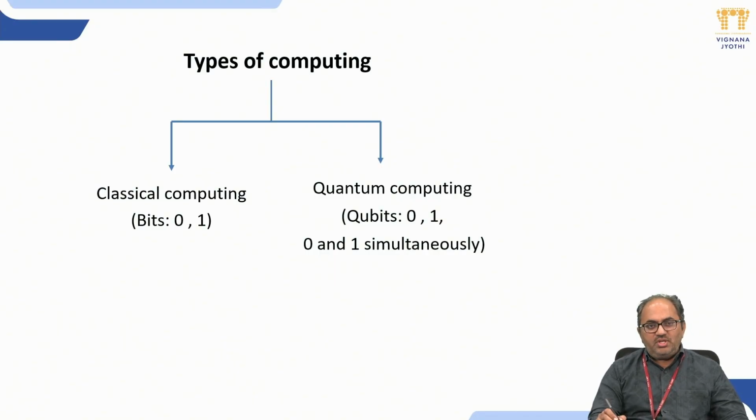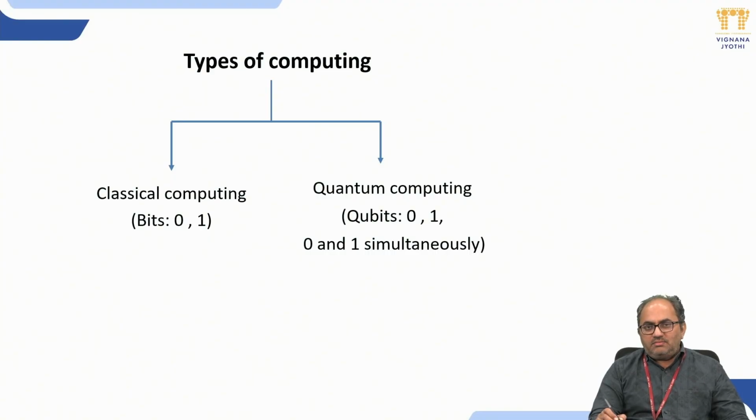We call them state 0 and state 1. That means any information that you have given to the computer is converted into binary states, that is, in the form of zeros and ones. This is binary information. We have two states, 0 or 1. Converting the information into bits, processing it, and giving the solution is called classical computing.